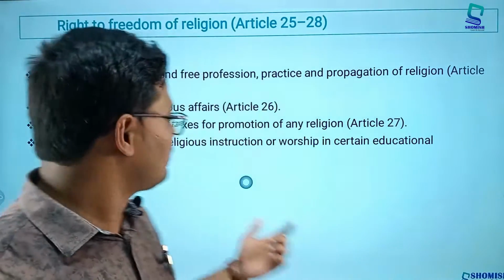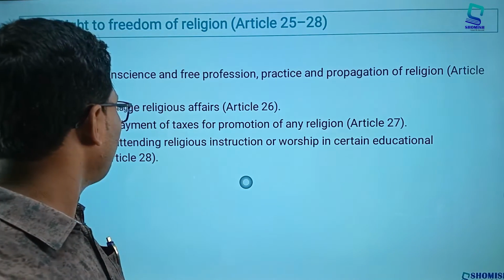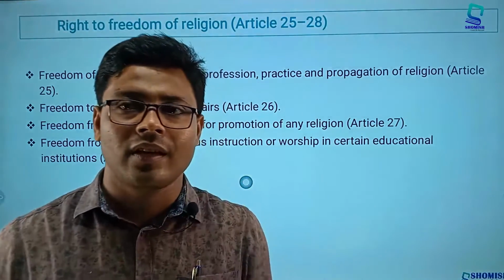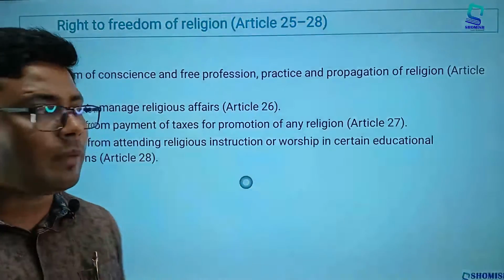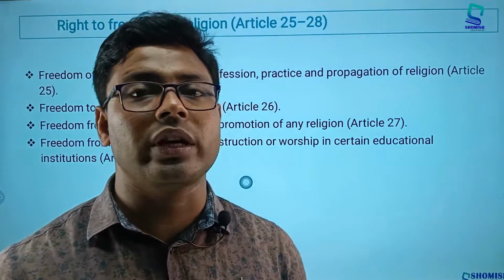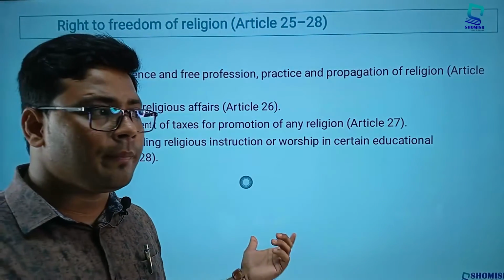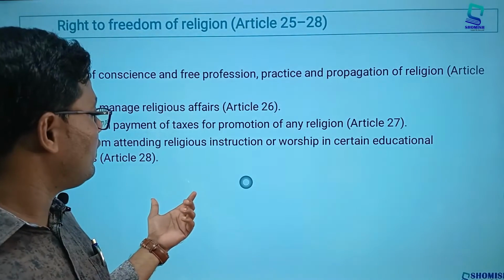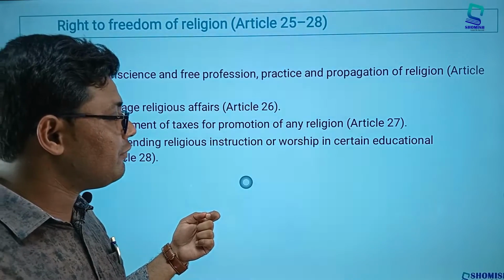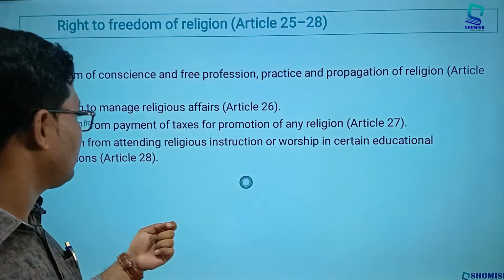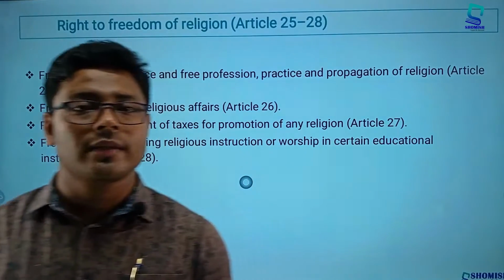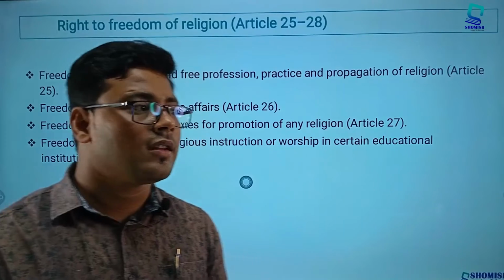That is the concept. And the second and last one, freedom from attending religious instruction or worship in certain educational institutions. Yes, in case of India, for the promotion of different languages like Arabic, we know that madrasa education prevailed in India, and you are very free to take any preaching from any religious education.